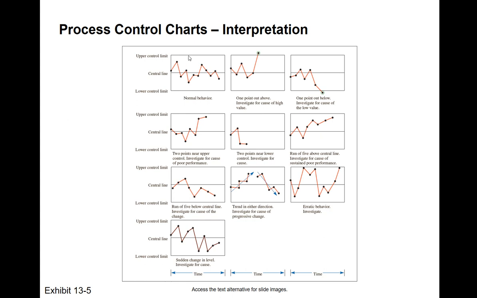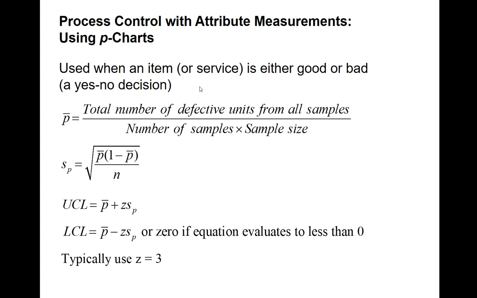This is the upper control limit. This is the center line, which in general we use the average number as the center line, and we have the LCL, which is the lower control limit. So we need to have three numbers for any control chart.